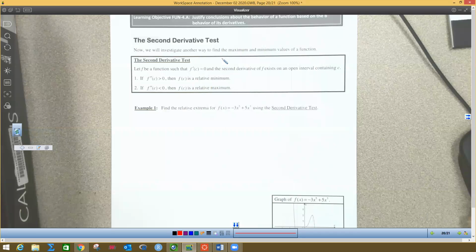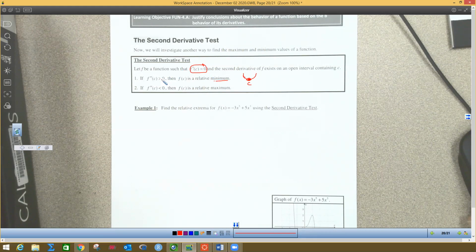So the second derivative test says this: if f is a function where f prime is equal to 0, which is what we learned are our critical numbers. And if we plug in those critical numbers, call them C, into the second derivative, if the second derivative at that critical number is greater than 0, that means it's concave up at this critical value of C. Since it's concave up at the critical value, it has to be a minimum.